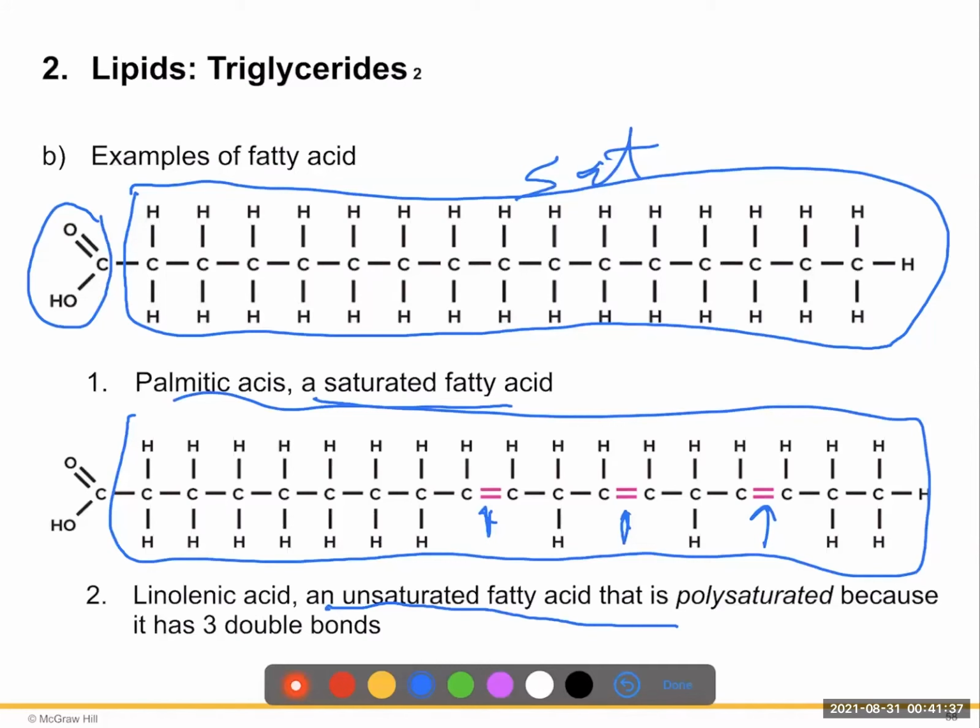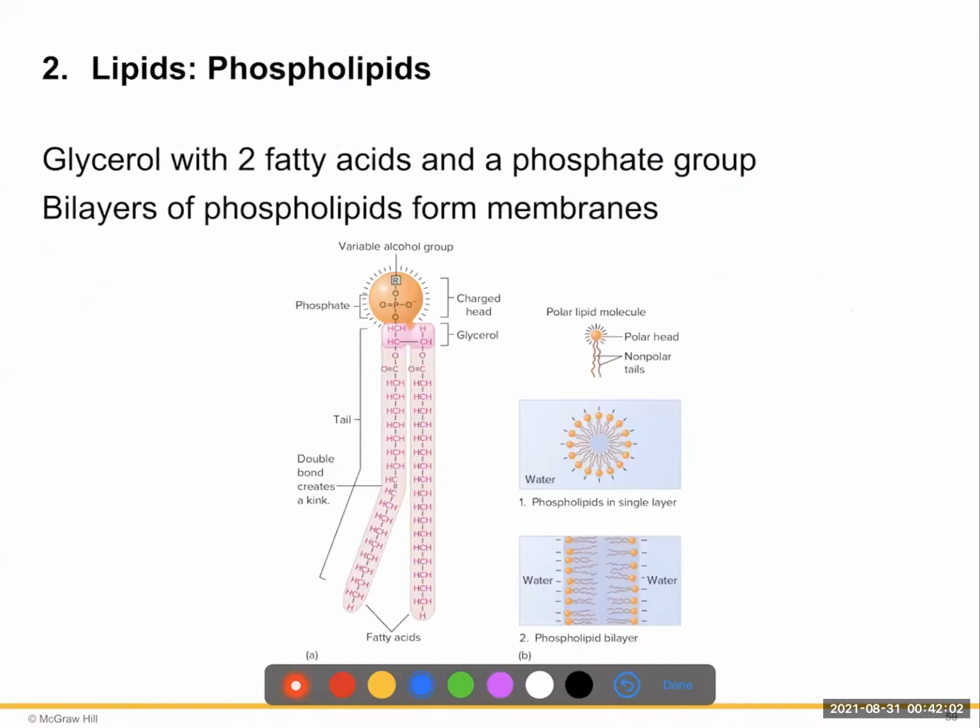So they're a lot more healthy for you. This is polyunsaturated because it has 3 double bonds. These are the fats you find in avocados, virgin olive oil, things like that. They're healthy fats for your body, because you need fats to make your cell membranes. You can't go on a low-fat diet and cut out all fats.